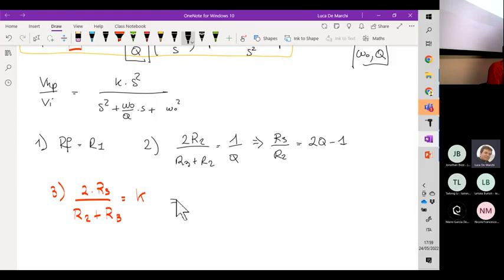What you get by applying this calculation is that the factor K shall be equal to 2 minus 1 over the quality factor. So this means that the high frequency gain of the high pass filter is somehow set by the quality factor in the KHN implementation.